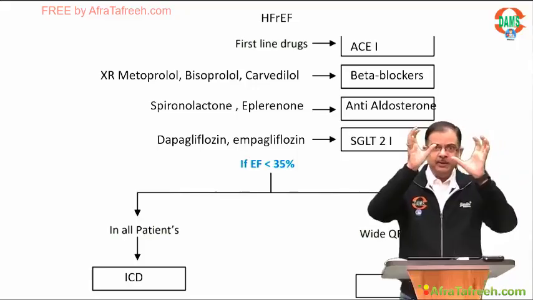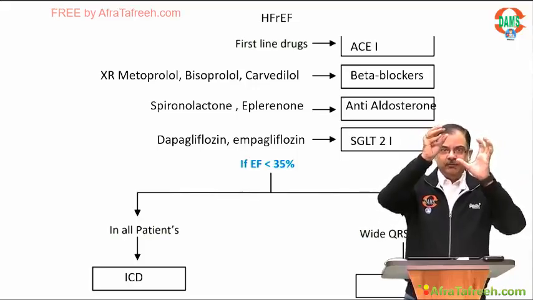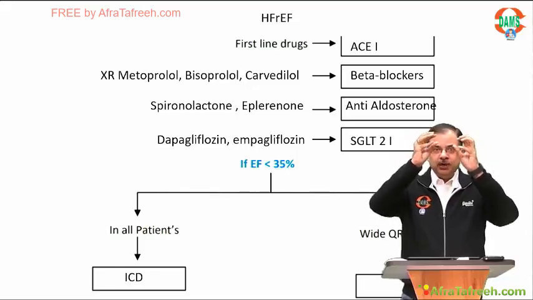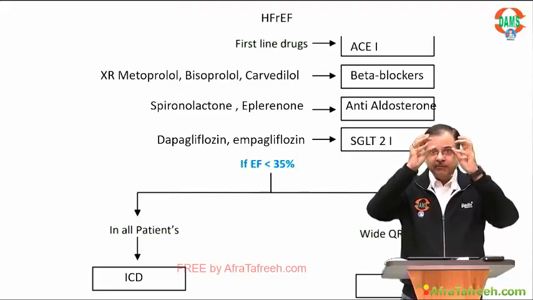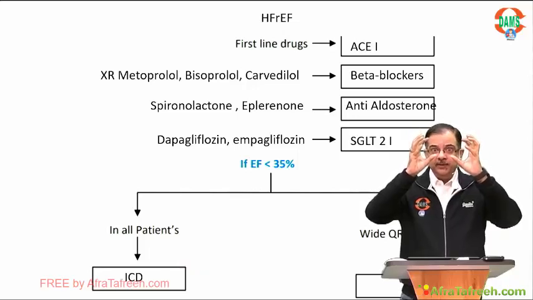So the right ventricle will depolarize early, followed by the left. Normally, both ventricles depolarize at the same time. So what should we do in that condition? We put in a pacemaker which will depolarize both ventricles at the same time.